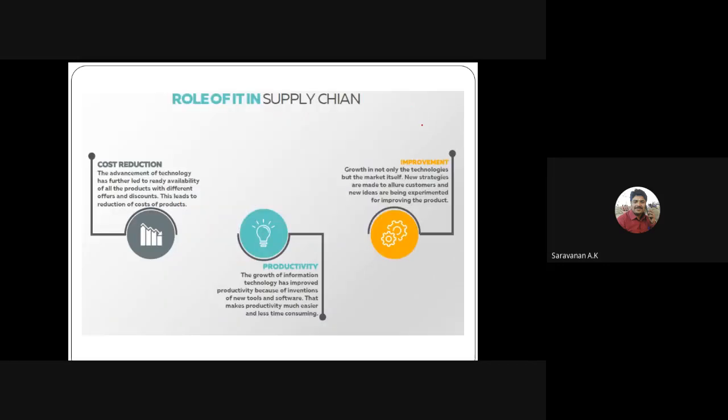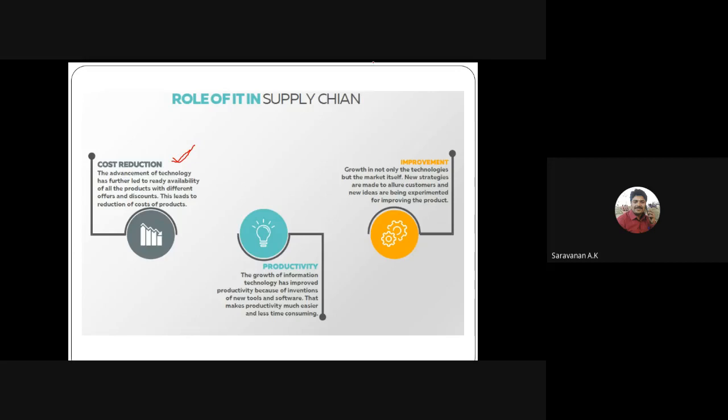Then the role of IT in a supply chain, right? So how will the cost be reduced, right? Due to the advancement of information technology, there is no fluctuation in the demand, right? So all the terms will increase, right?